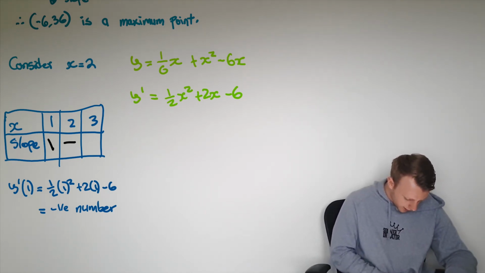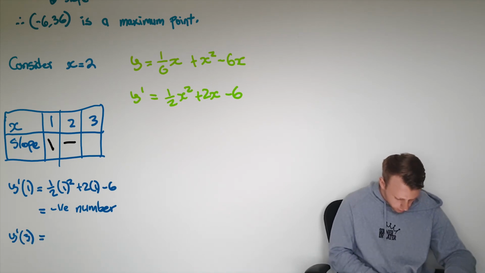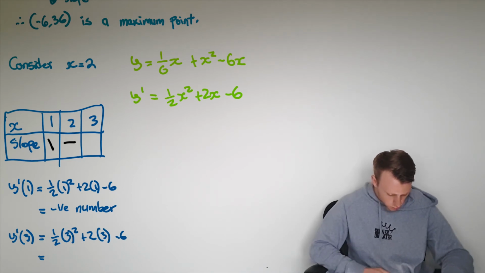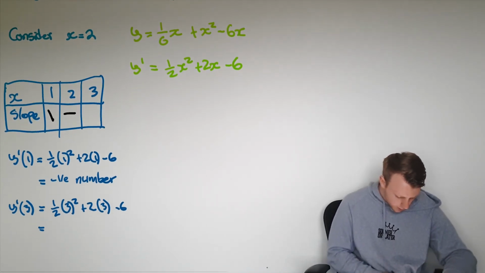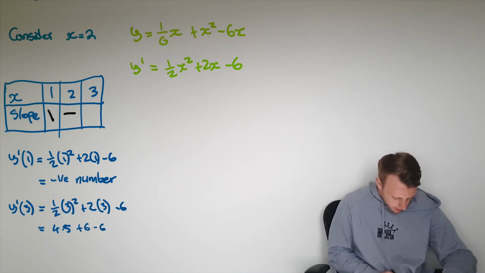Now I'm going to have a look at y prime being equal to 3. So half times 3 squared plus 2 times 3 minus 6. That's going to give me 9 divided by 2, it's 4.5. So about 4.5 plus 6 minus 6, that's a positive number.